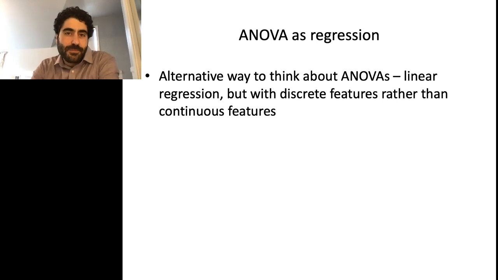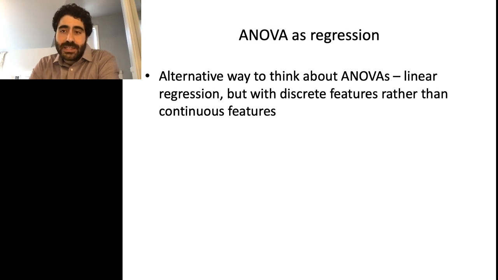All right. So what we're going to talk about for the rest of class is another way to think about ANOVAs, which at least for me is an easier way to think about them and is usually the way that people do think about these kinds of models in the literature, because this way of thinking about them is way easier to extend to more complicated kinds of models.